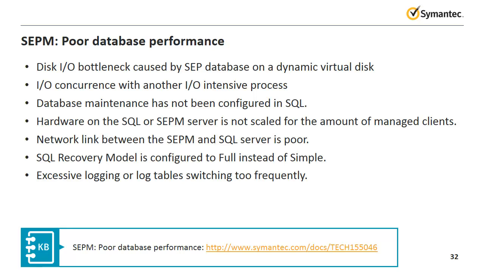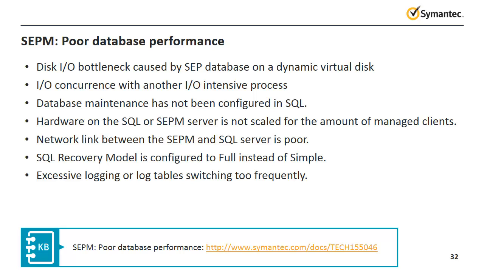There are several reasons why you may see poor database performance on a SEPM. If the SEPM database is loaded on a dynamic virtual disk or suffering I/O concurrence with another I/O-intensive process, you'll see reduced database performance. Other reasons can be a poorly configured database maintenance routine.